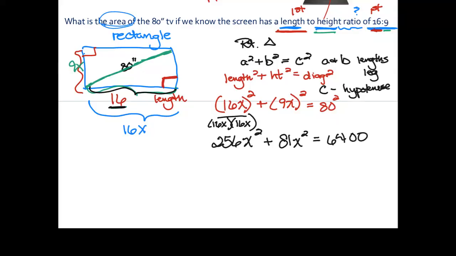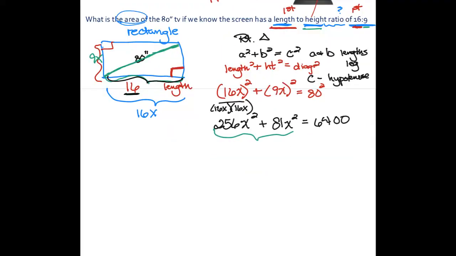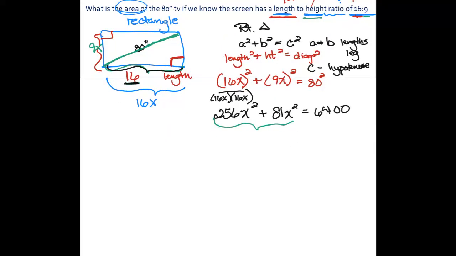So can I combine any like terms here? Aren't the x squareds the same term? So can't I add those together? All right, so what do I get?